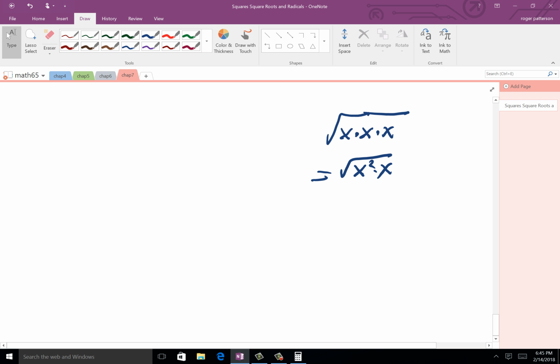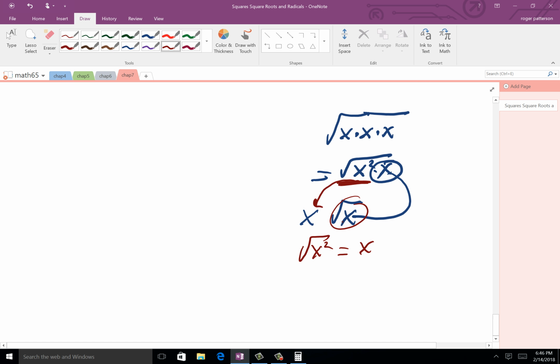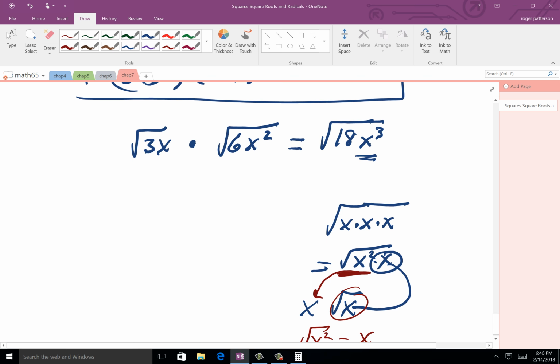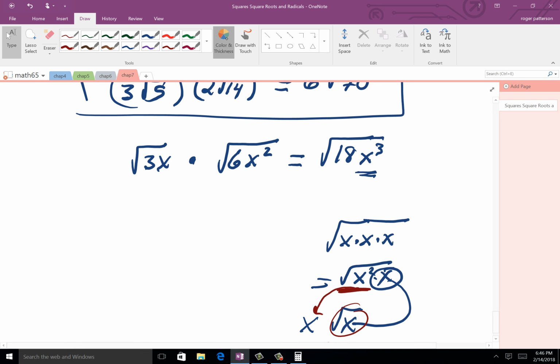So the square root of x squared is just going to be x, which means we still have this x left over, so it drops down there. Square root of x squared equals x, but this remains. And that's kind of how that works.